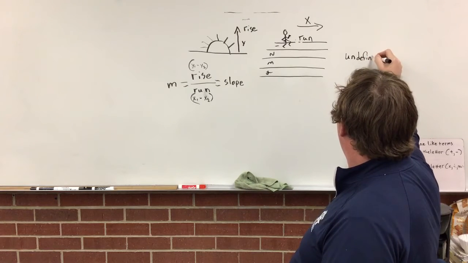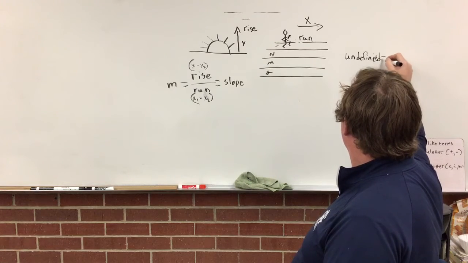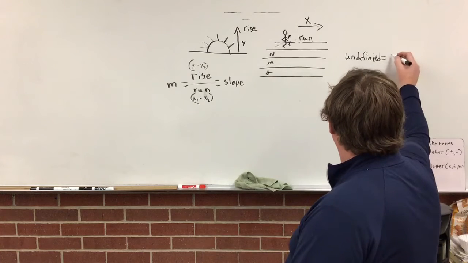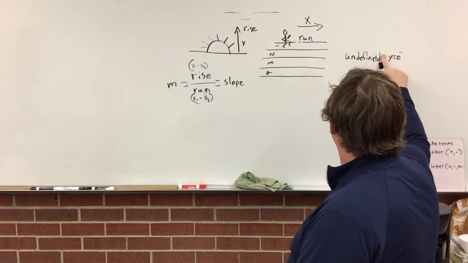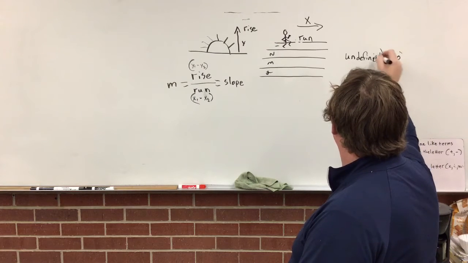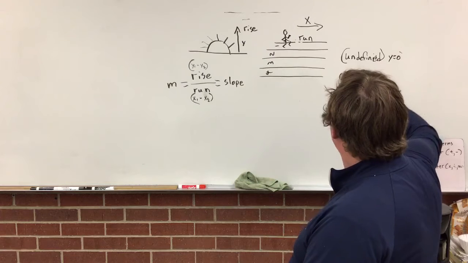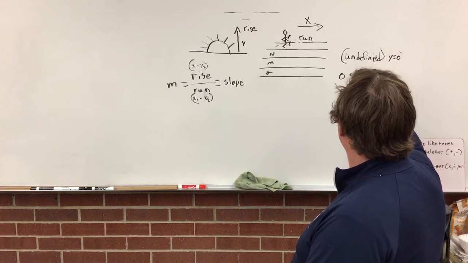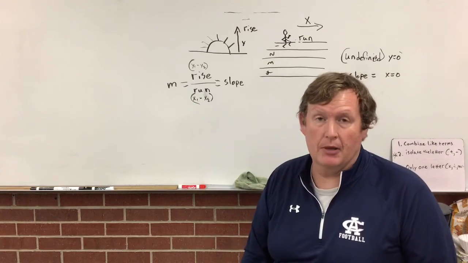Okay, so an undefined slope would be when y is 0. When y ends up being 0, then we have an undefined slope. Okay, 0 slope, I always want to put 0 and then spell 0. 0 slope will be the answer when x ends up being 0.